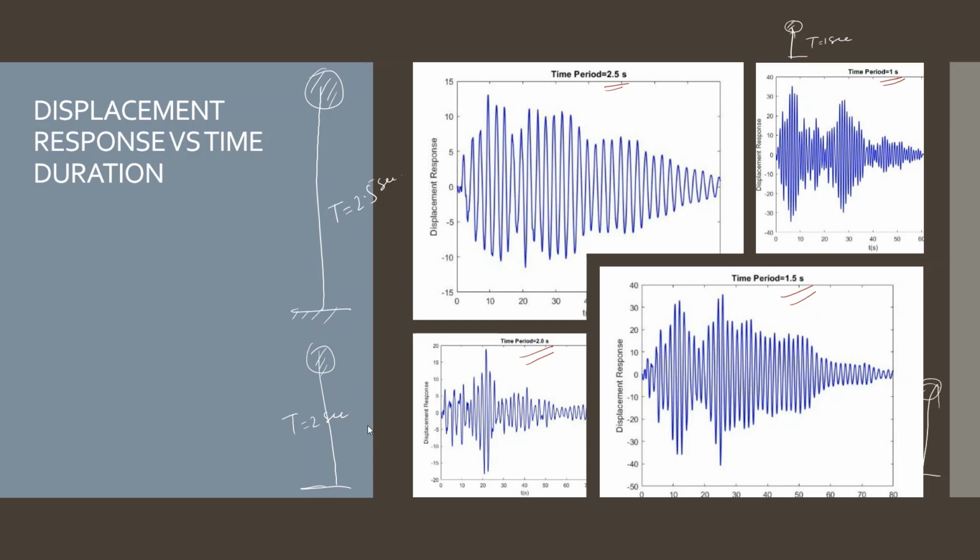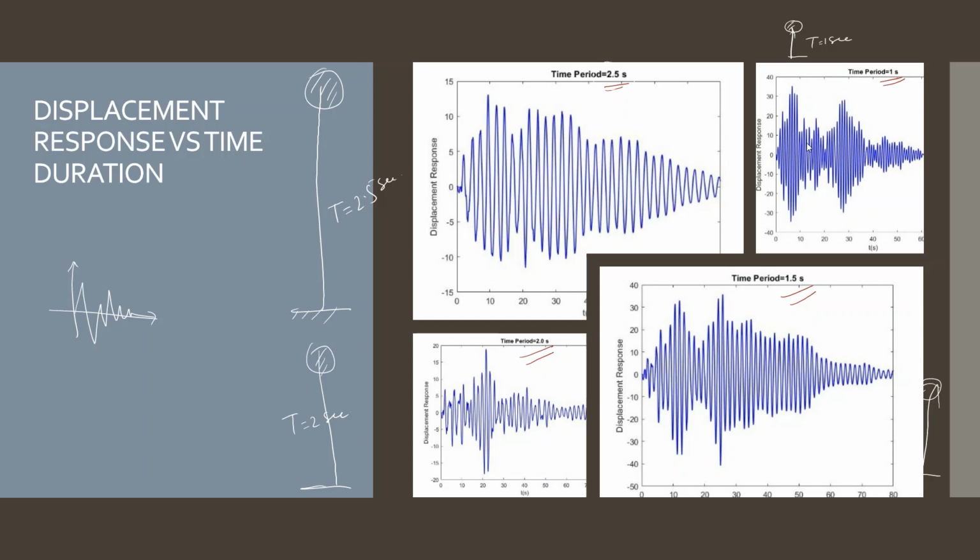So when that ground acceleration is acting on all of these, the same earthquake force is acting, then it would have this response. For the time period of 2.5 seconds, this would be the response. For 1 second, this would be the response.